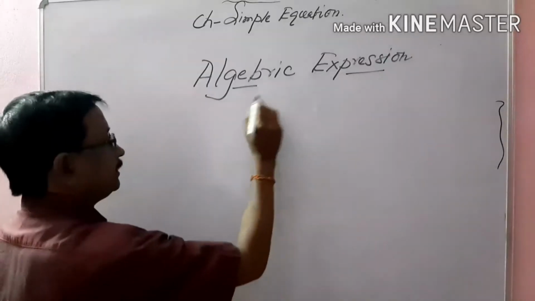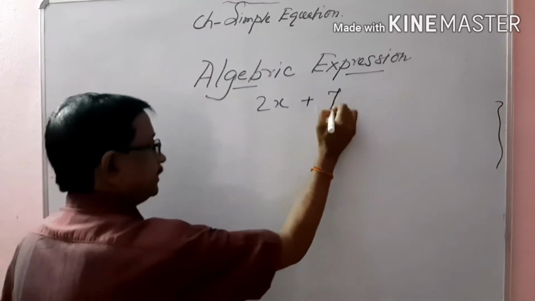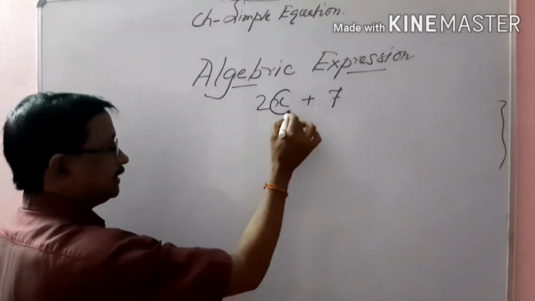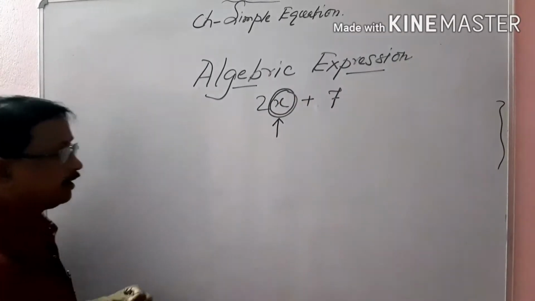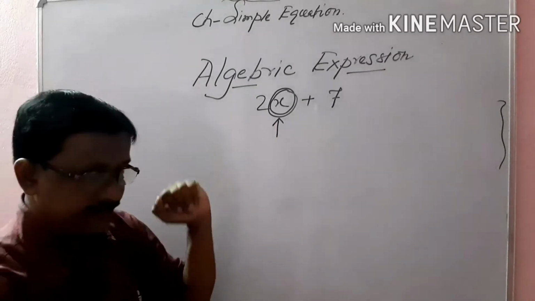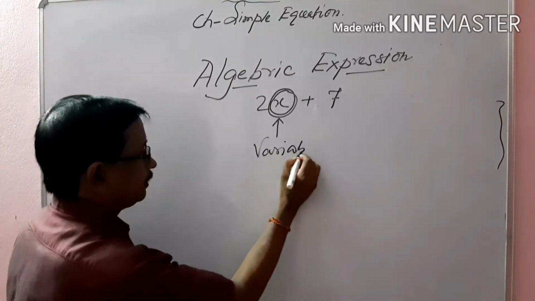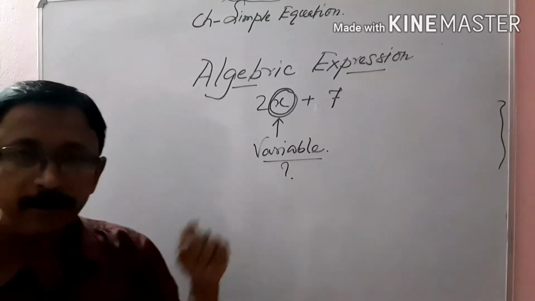Say I am writing 2x plus 7. You are looking at this one, x is there. The first point coming to your mind: what do we mean by x? x is known as a variable. Understand what we mean by variable.